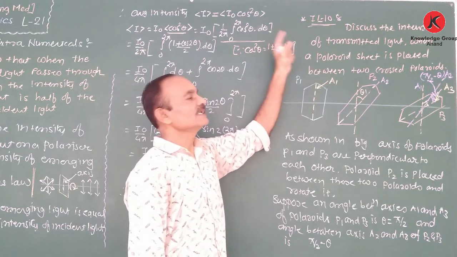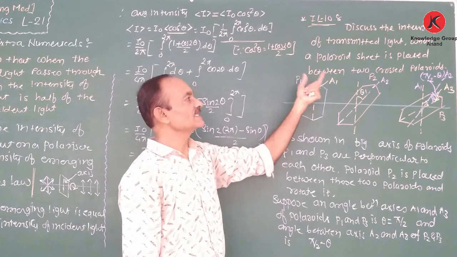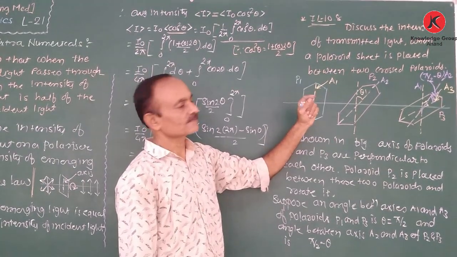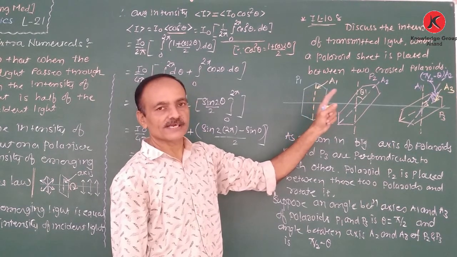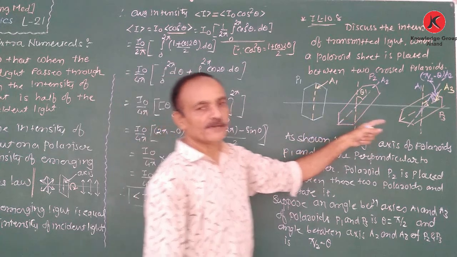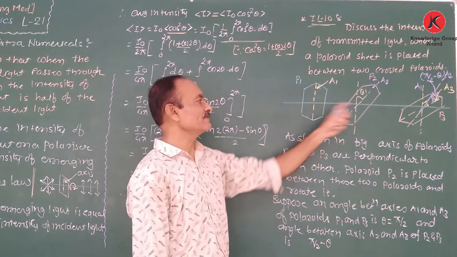What is given? Discuss the intensity of the transmitted light when a polar sheet is placed between two crossed polarities. That means the two polarities are placed in such a way that the axes are perpendicular to each other. One more polarity, P2, is placed between these two polarities.